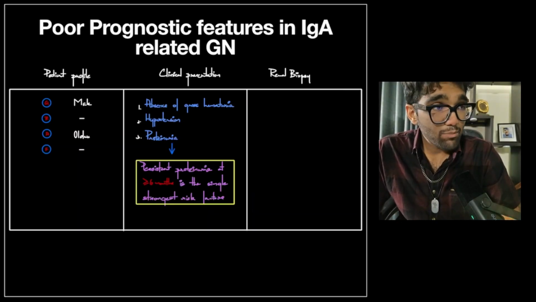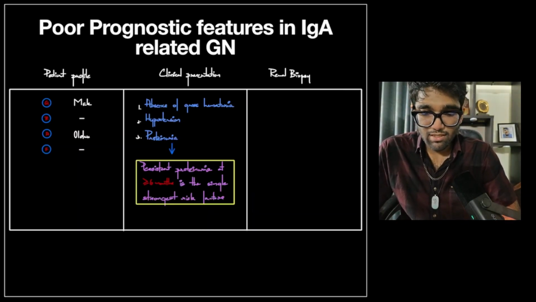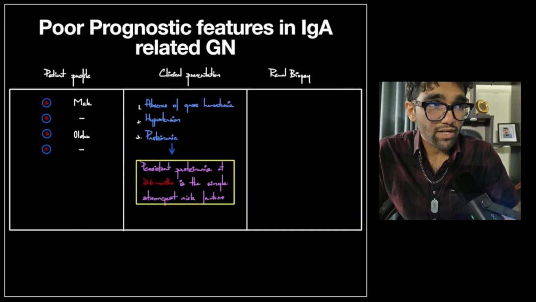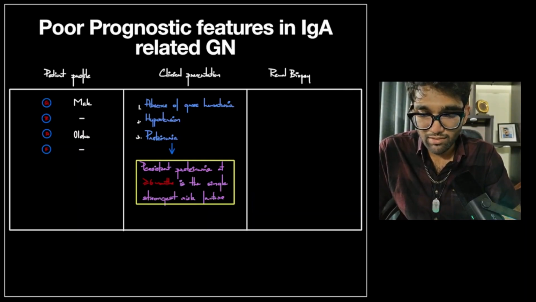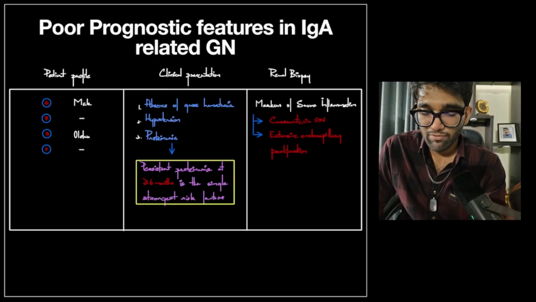Particularly, proteinuria that is persisting for longer than 6 months is the single strongest risk factor for progression to renal disease. And actually, that is what we target while treating patients with IgA nephropathy.